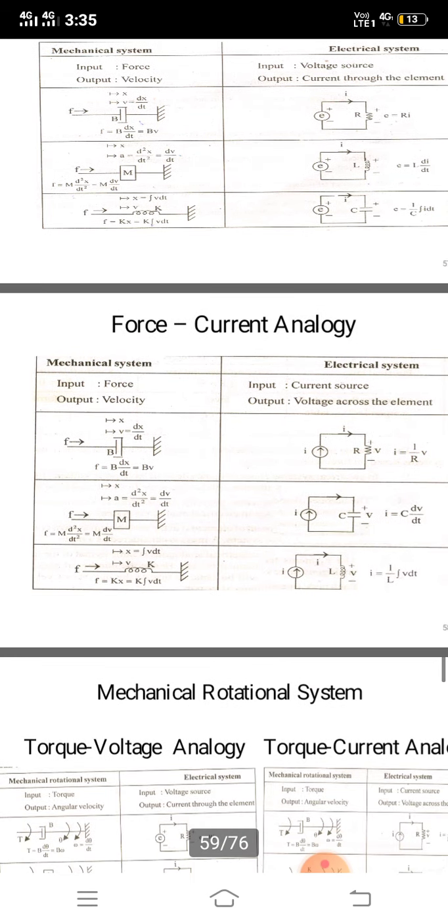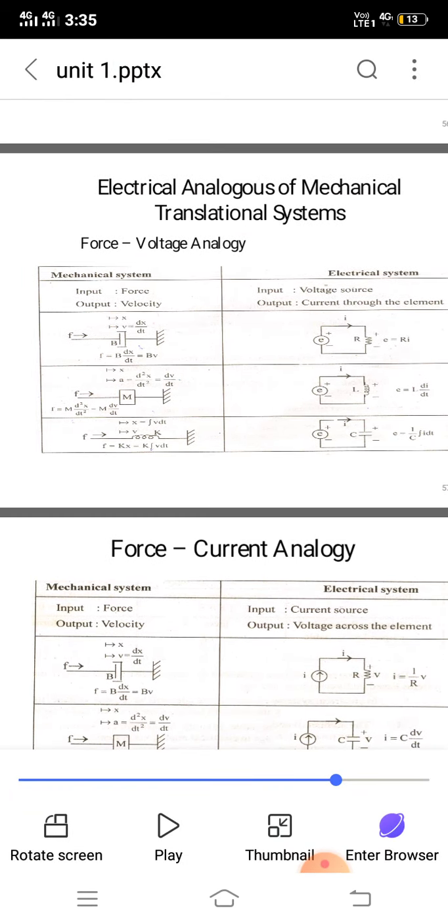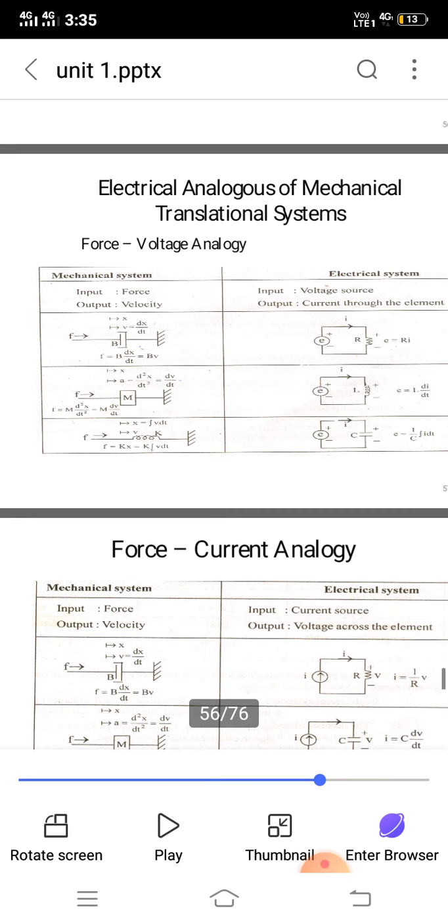Okay, next we can go through the letter representation of the mechanical translation system and the electrical system.